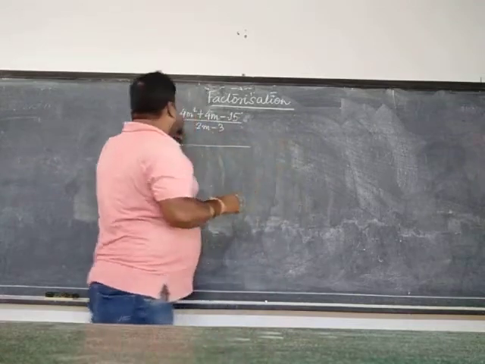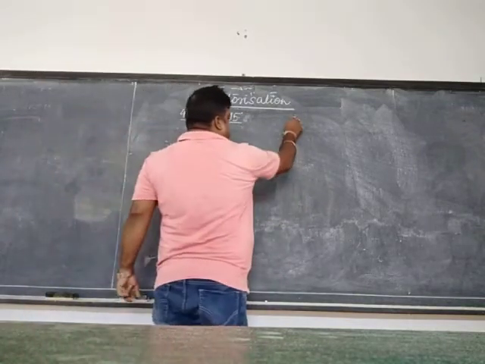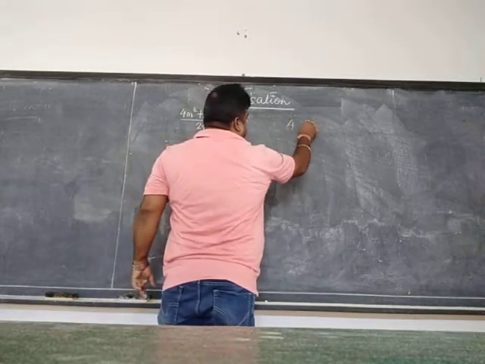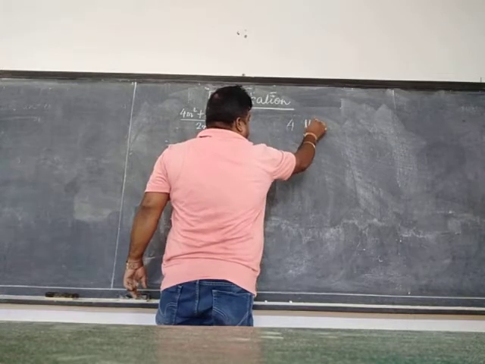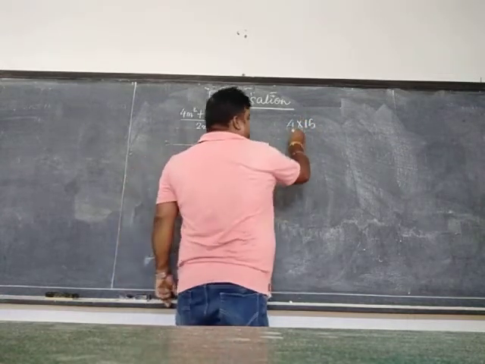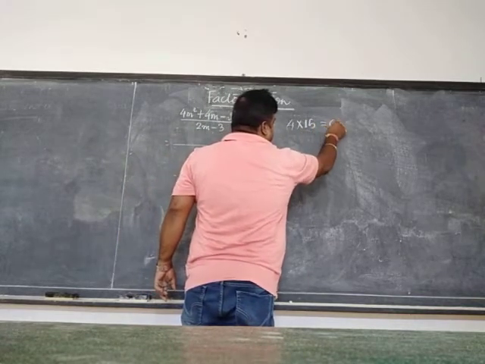The coefficient of the square term, that is 4. So 4 is there, and the constant term is 15. So these two we need to multiply. So if we multiply, what we will get? That is 60.